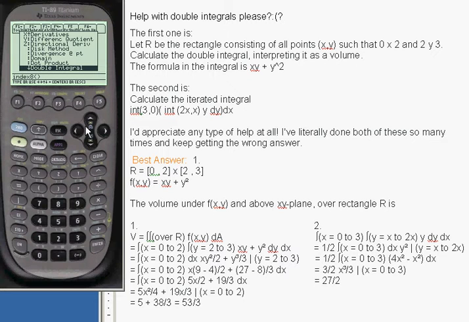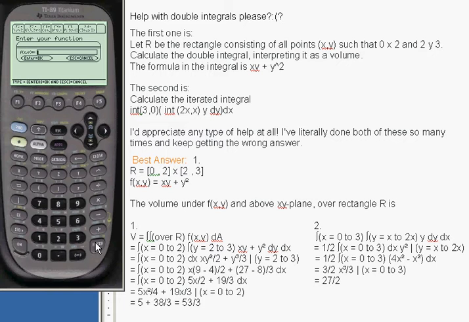We're going to scroll down to double integral on the menu that comes up. I'm already at double integral here. Save time. Press enter. And we're going to enter the function. The first function is x times y plus y squared. Press alpha first.